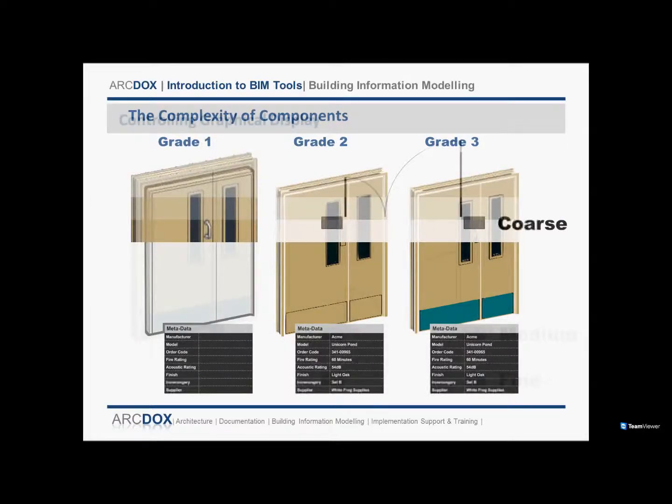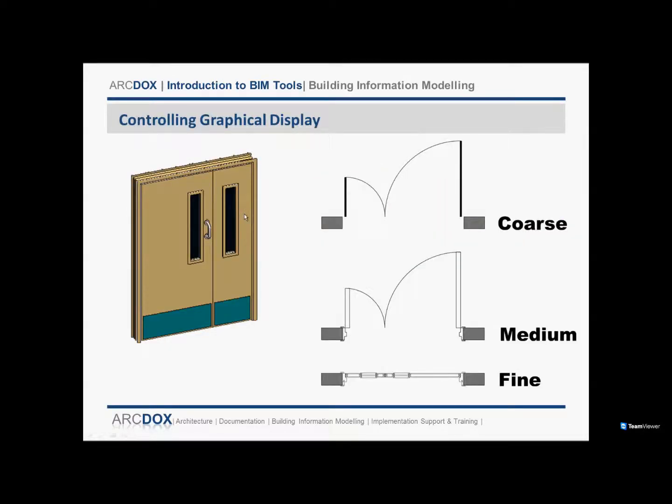Controlling graphical display. So this door here, this is where I mentioned level of detail, and we were looking at level of development. But now we're looking at actual level of detail. So this is view specific control within Revit.